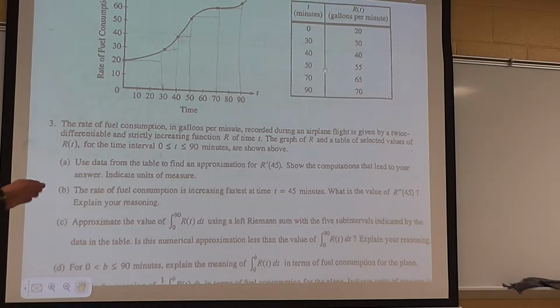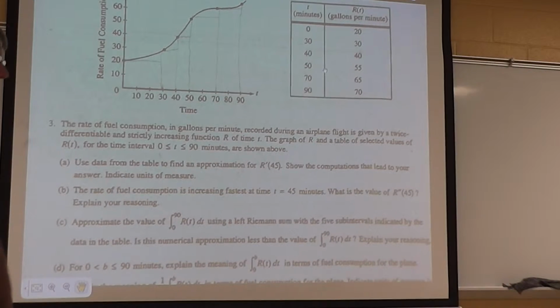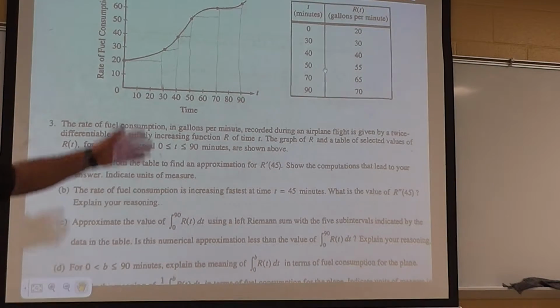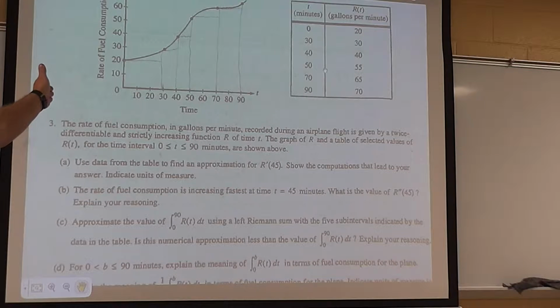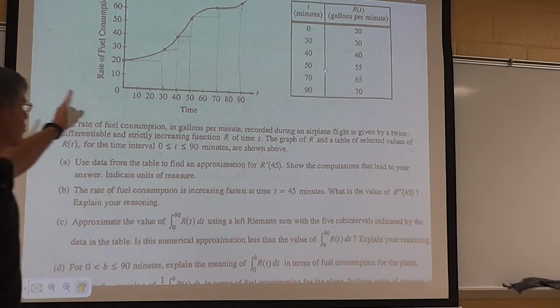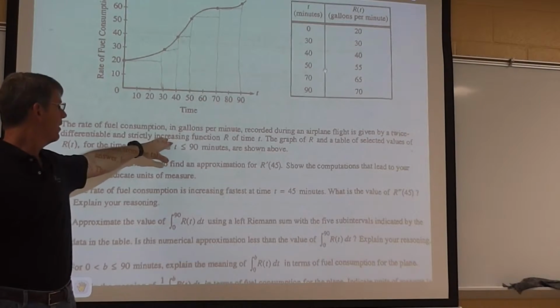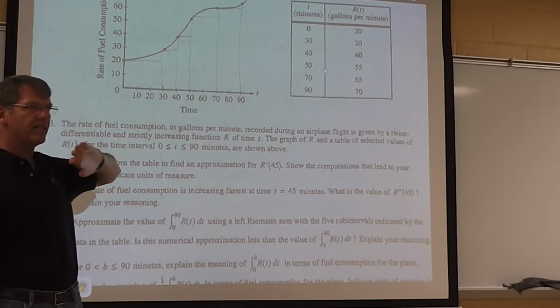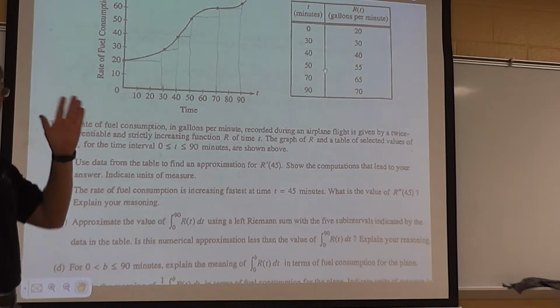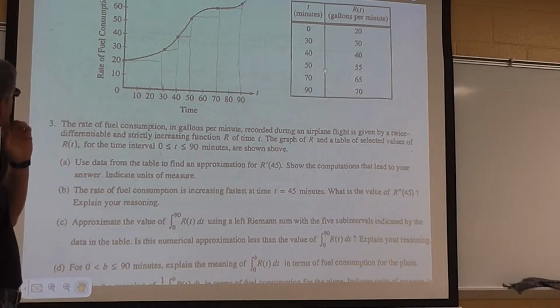Approximate the value of the integral from 0 to 90 of R of t dt using your left Riemann sum. Okay, and is the approximation less than the value or greater than? Explain your reasoning. That's probably why they gave us the picture. They already told us it's a strictly increasing function. That's important. Well, no, not really.